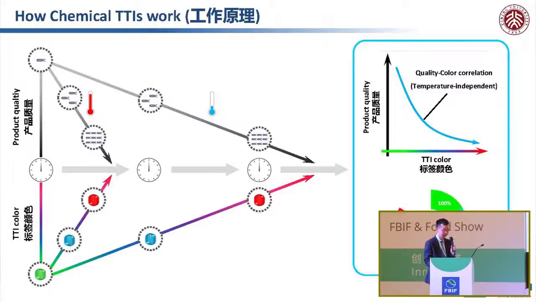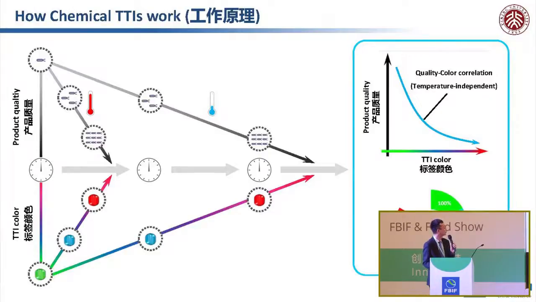So the work for us is to make the TTI, the smart tag, go from green to red, for example, within the same period of time. In this configuration, the green color of the tag means the product is at its best state, 100% fresh, blue means less fresh, and red can mean it has gone bad.